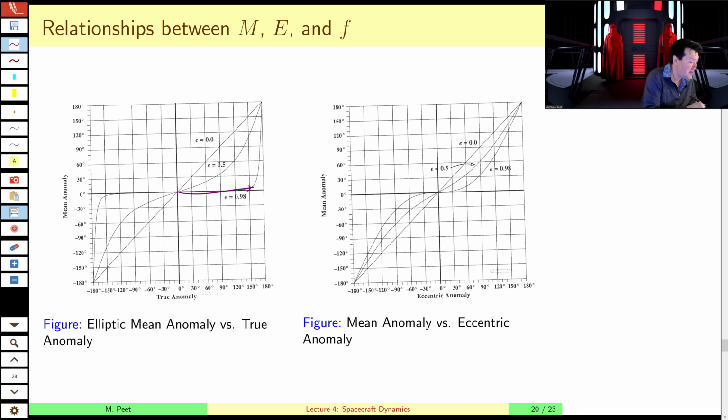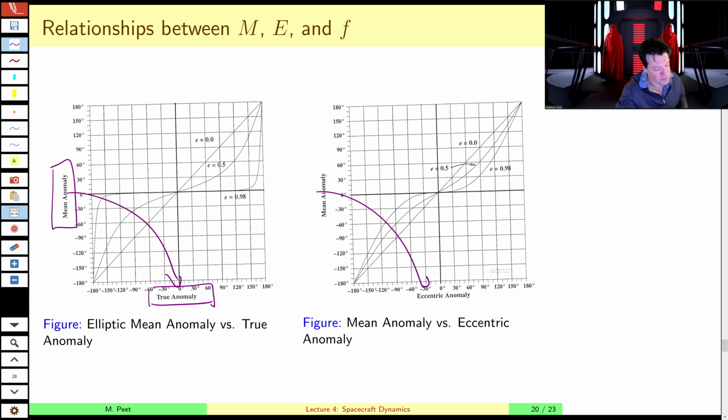And so the conditioning of Newton's iteration, and in particular the meaning of that error signal, becomes more dubious if we're just looking at the direct relationship between true anomaly and mean anomaly. And of course, mean anomaly is a function of time. So it's much easier to go from mean anomaly to eccentric anomaly than to go straight from mean anomaly to true anomaly. And that's one of the reasons why we use eccentric anomaly.